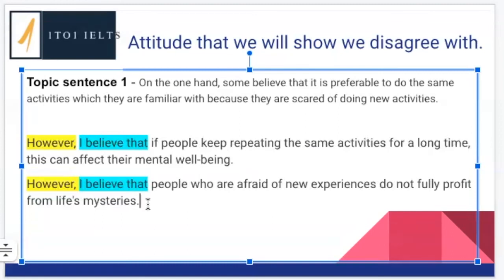But if you want those really, really top grades, then showing skills that you can provide counter arguments, I think is important. For this type of essay, obviously it's going to depend on the type of essay, but with a discussion essay, and also these type 2 advantages, disadvantages, they give you the opportunity to provide a counter argument.